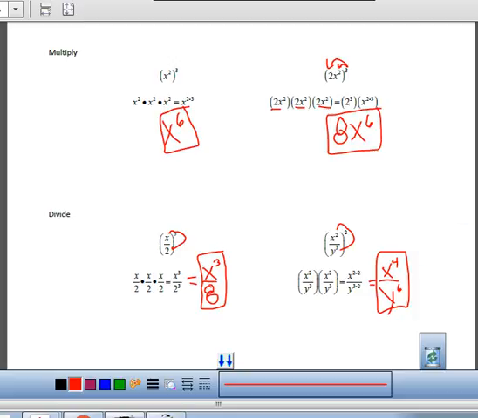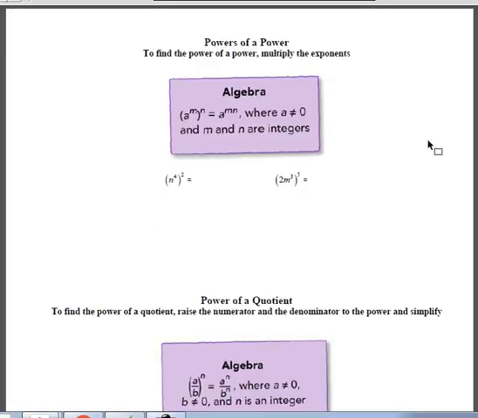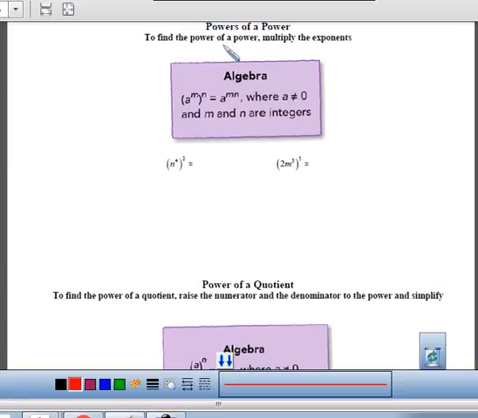We'll take a look at a couple more over on the next page, page 34. So this summarizes what we just talked about. So to find the power of a power, multiply the exponents. Now this is when the variable, whatever it may be, is not equal to 0 and your exponents are integers.